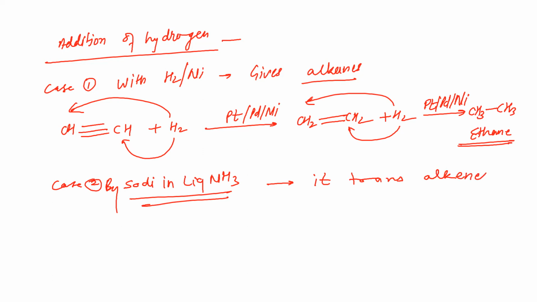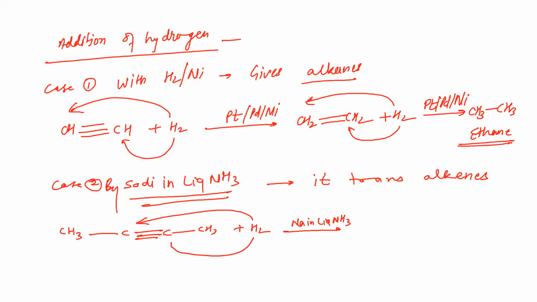Suppose we have CH3, C triple bond C, CH3, and you are treating it with sodium in liquid ammonia. You just add the hydrogen, with sodium in liquid NH3 present. So what is going to happen? One hydrogen adds from the top, another hydrogen from the bottom.